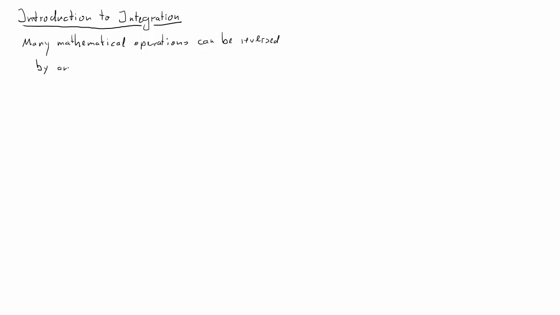Now, many mathematical operations can be reversed by another mathematical operation, and let's just list the most prominent examples here. Let's start with plus and minus. As an example, consider some value a, some variable a or constant, and we add b and subtract b. Now if we do that, we're going to end up with a again.